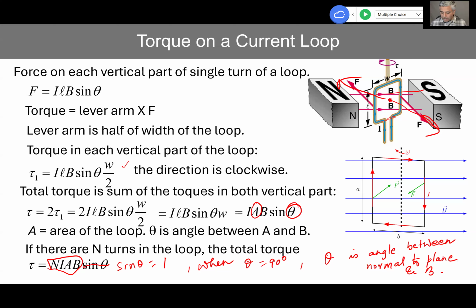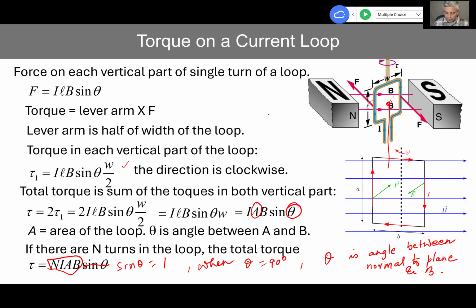And when we have a field like that, and let's say the normal is something like that, that's going to be the angle between A and B, okay? So when this plane is flat in a magnetic field, the normal is going to be 90 degrees from the field.